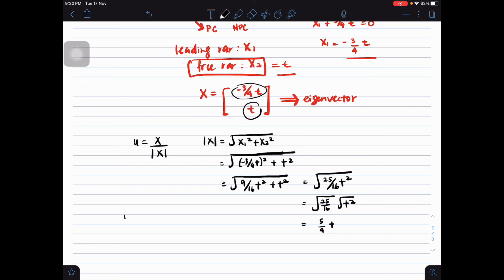To find the normal eigenvector, you take the value of x1 divided by the magnitude, so negative 3/4 t divided by 5/4 t. And the value of x2 divided by the magnitude, so you have t divided by 5/4 t.